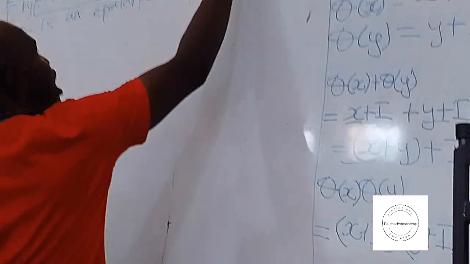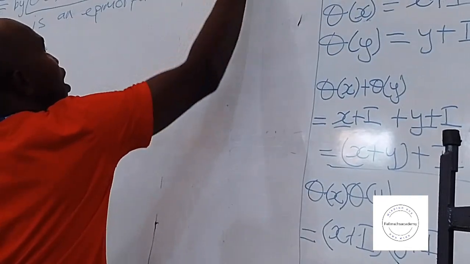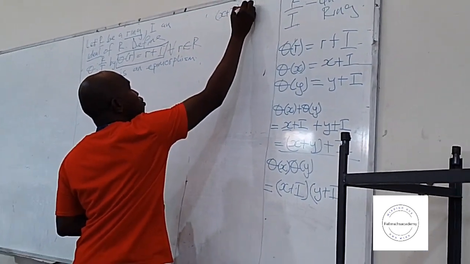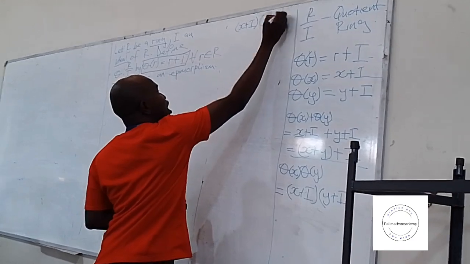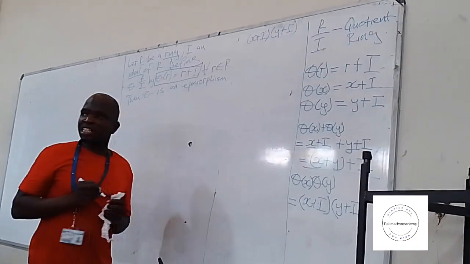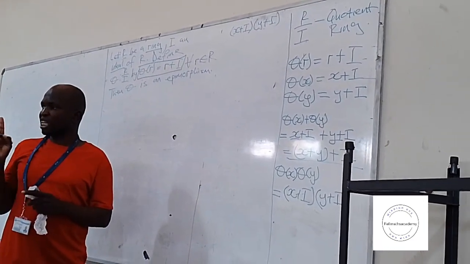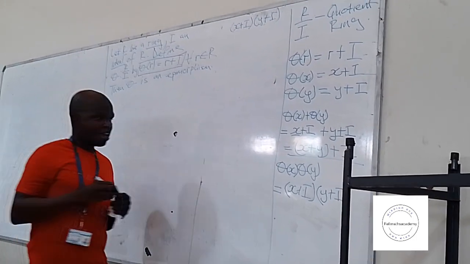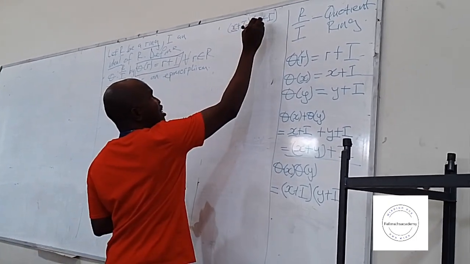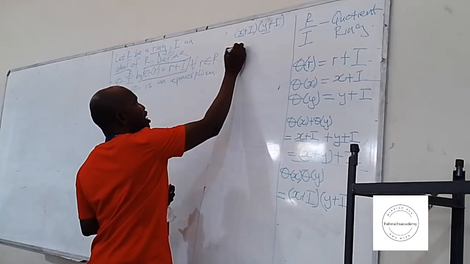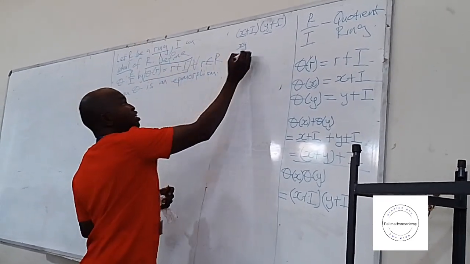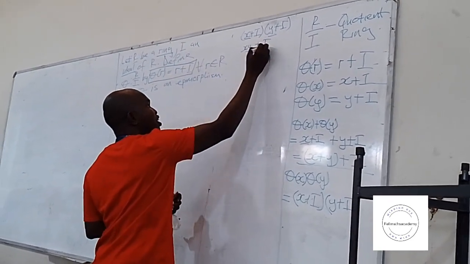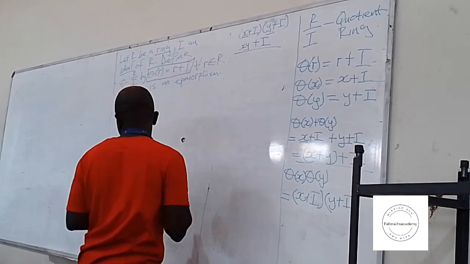We multiply x plus I by y plus I, taking note of the expansion of brackets. We are just multiplying x and y, so you have xy plus I. That is the result.